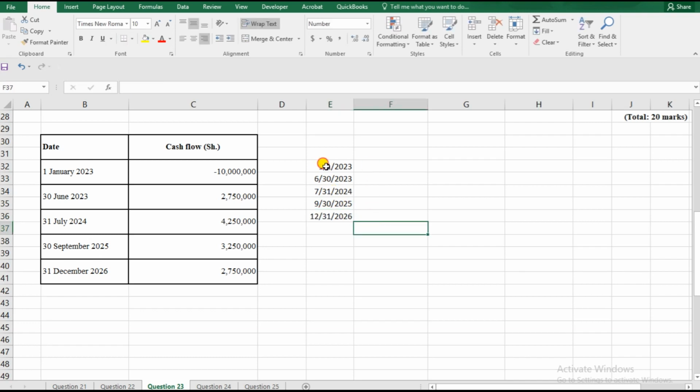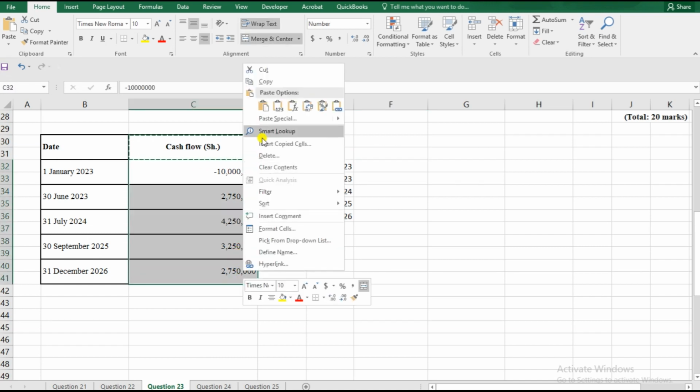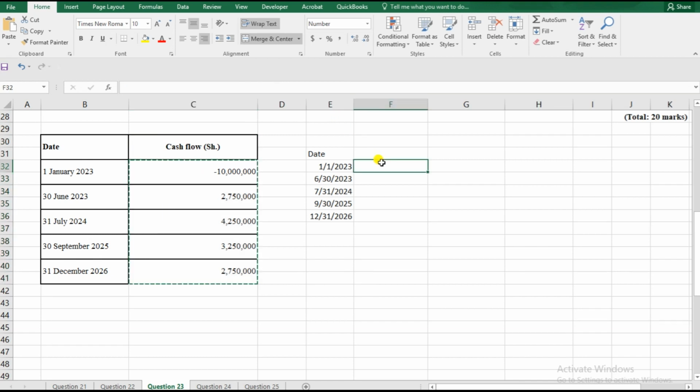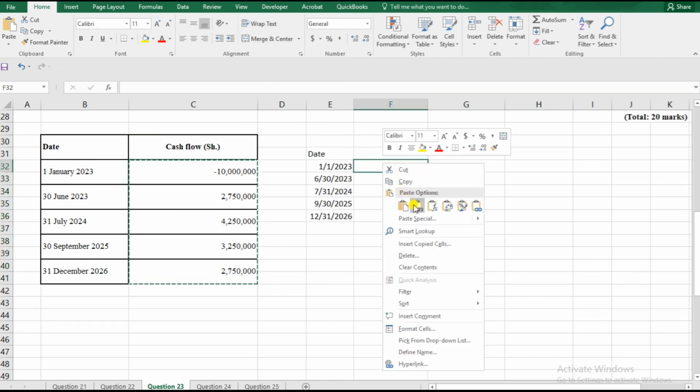So basically what I can do, I can have my date factor there, that is our date. Then our cash flows, in this case, of course, I can just have my cash flows here, or we can just copy the way it is. Then we do have the normal bit.